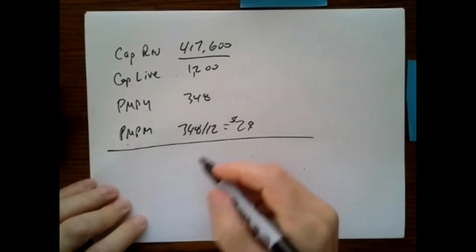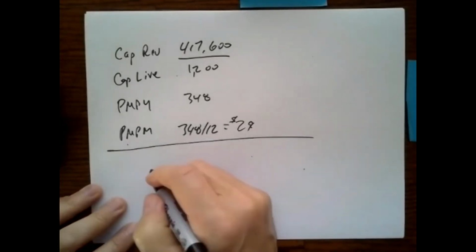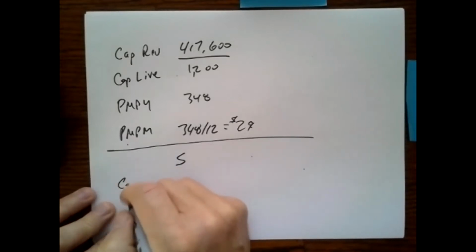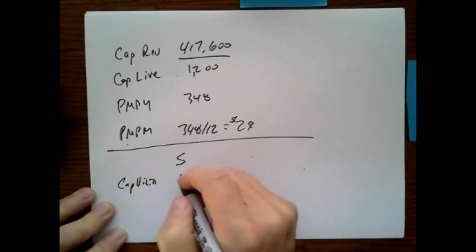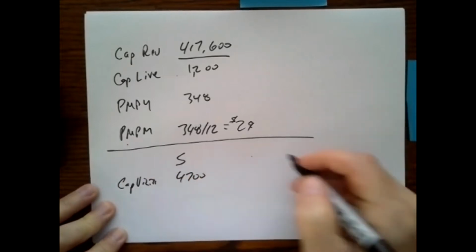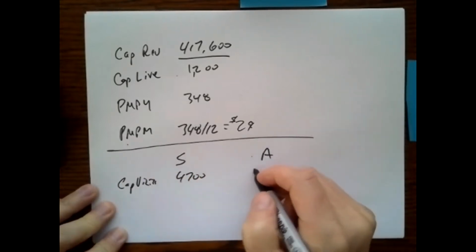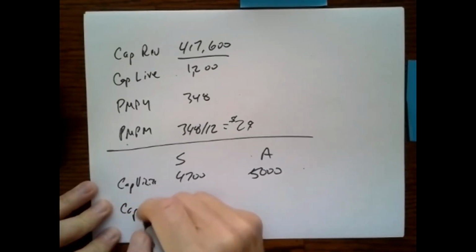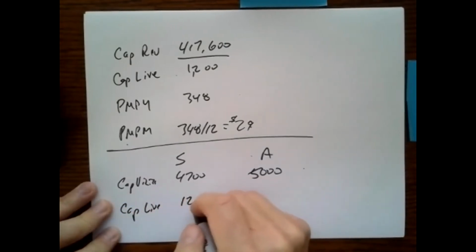So our expected capitated visits, static, was 4,700. Our actual cap visits was 5,000. Our capitated lives expected was 1,200.